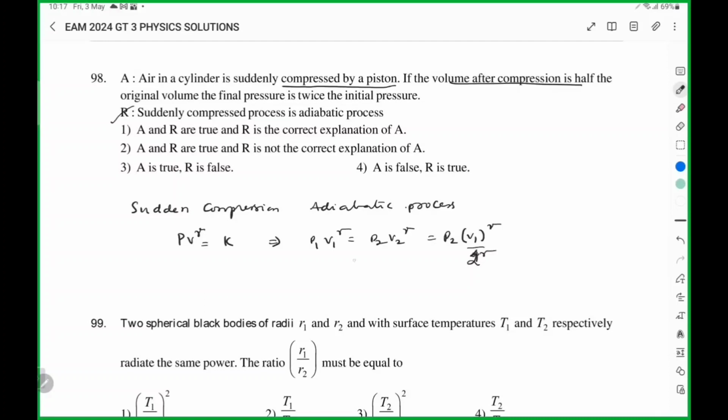So V1 power gamma gets cancelled. P2 will be 2 power gamma of P1. So here it depends upon gamma.